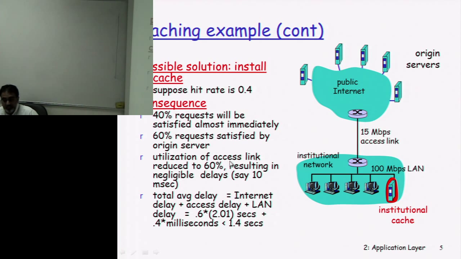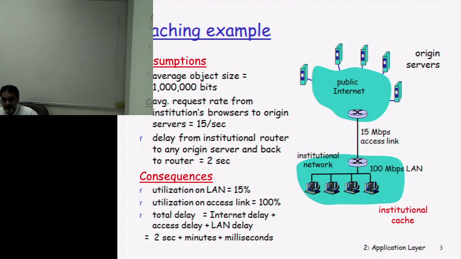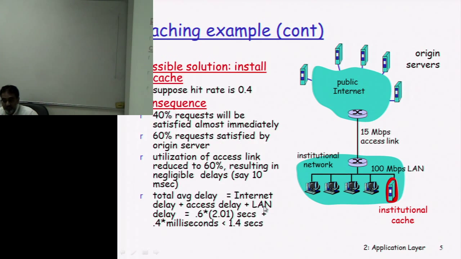Now the utilization of the access link in this case is reduced to 60%, because when 50 requests were being sent per second, its utilization was 100%. Now if you are serving 40% of requests locally, it will be reduced from 100 to 60%, because 40% are satisfied internally from the cache on the LAN, and 60% are still going on the internet.